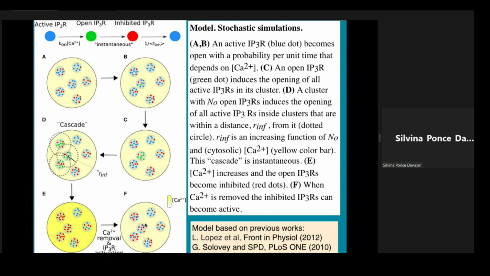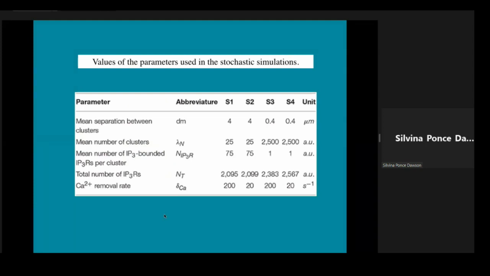Basically, we looked at how many clusters were involved in this coupled calcium release. And we did this changing the distance between the clusters and changing also the rate at which calcium was removed in the model. And well, these are the numbers.